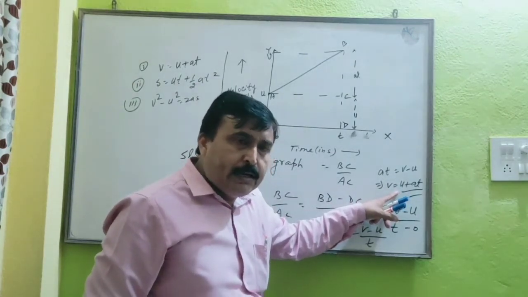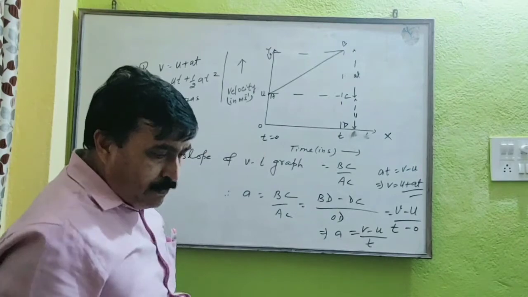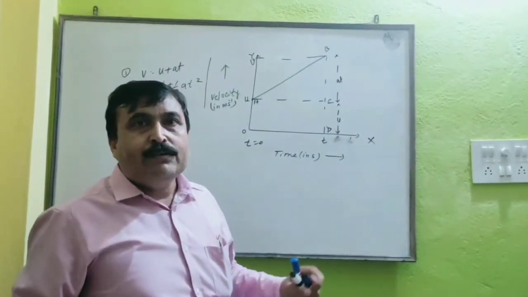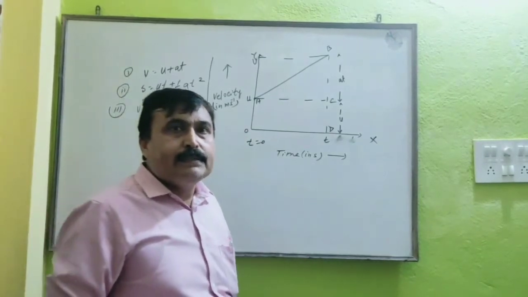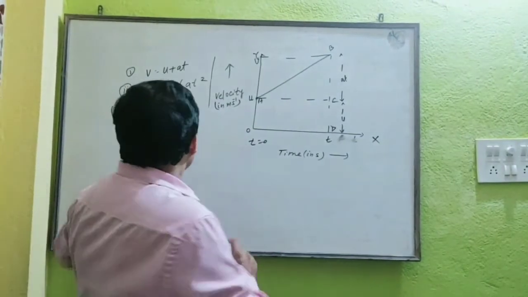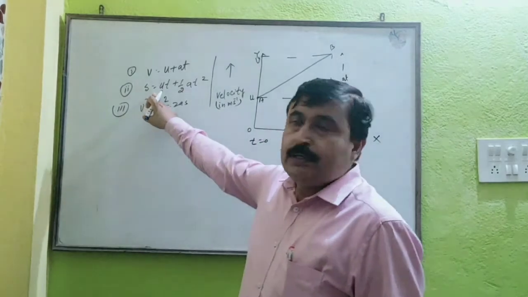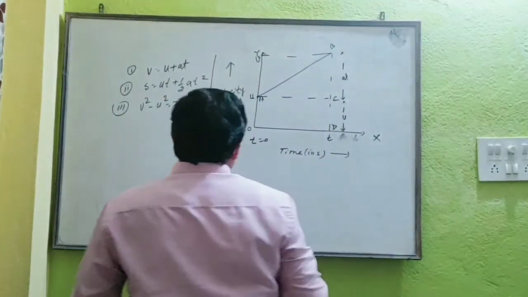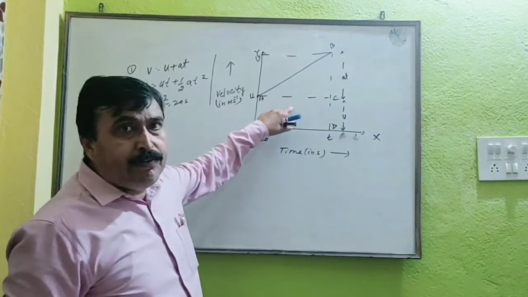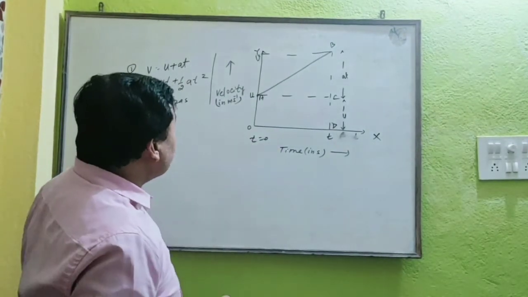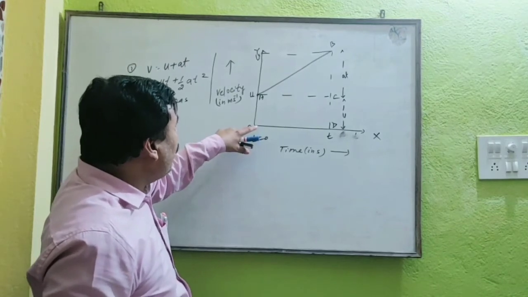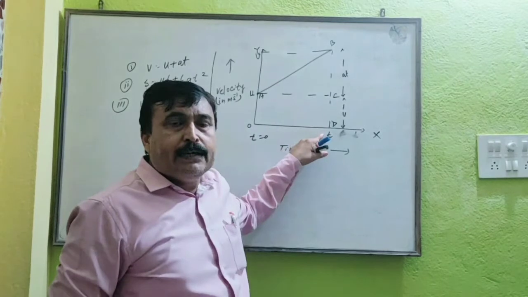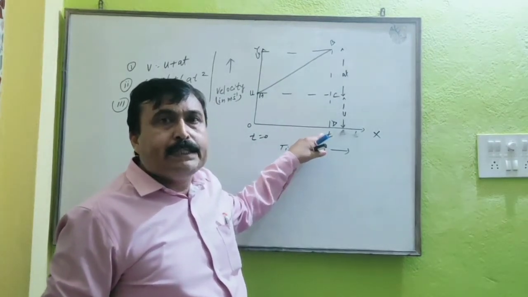Now, we are going to derive the second equation of motion, s equal to ut plus half at square. So see the graph, and the area OABD is a trapezium.